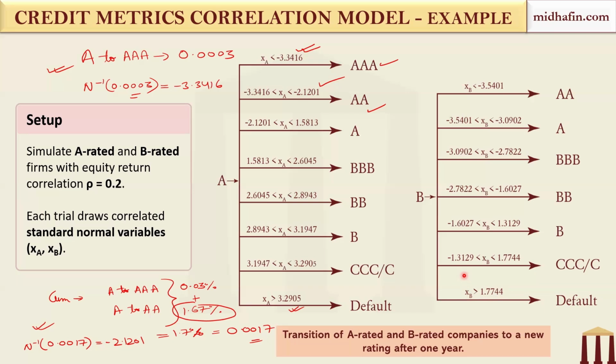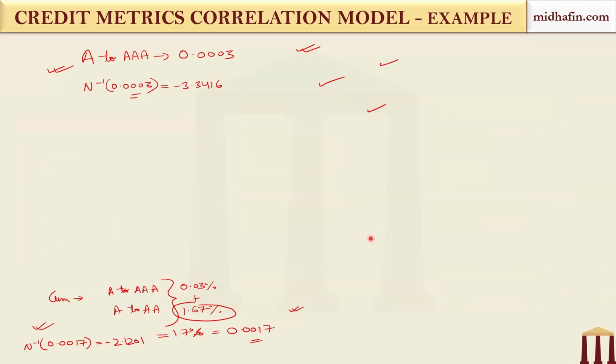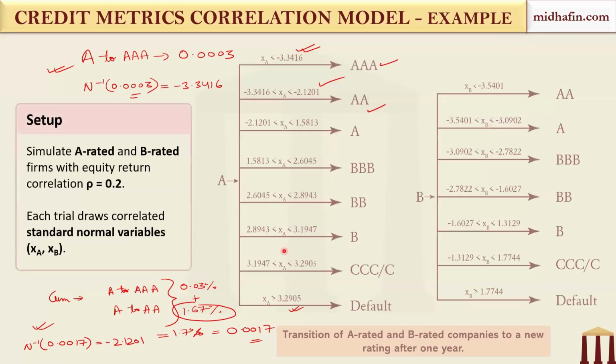Okay, so the main idea is that the model preserves the marginal default probabilities from the previous rating transition matrix. That is the main idea, that these marginal default probabilities are preserved, but it still injects a realistic dependency through the correlation parameter rho.